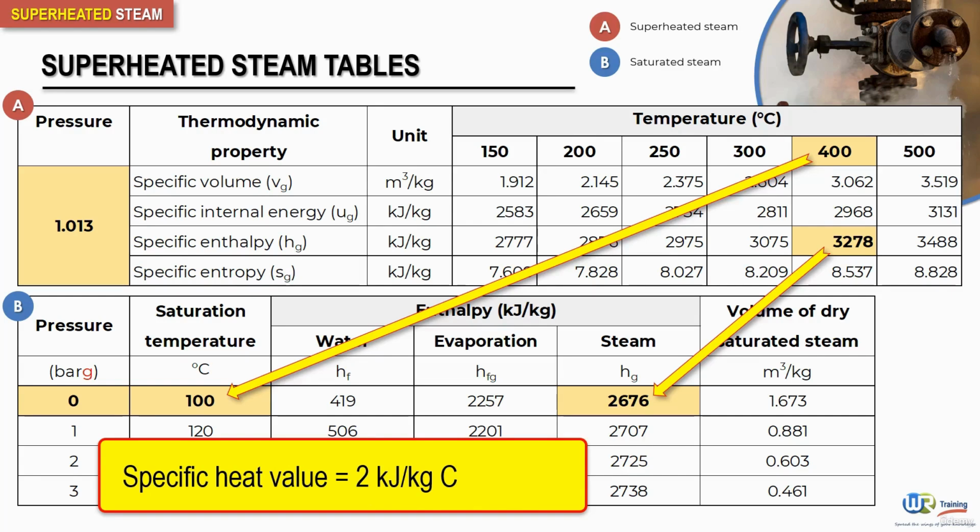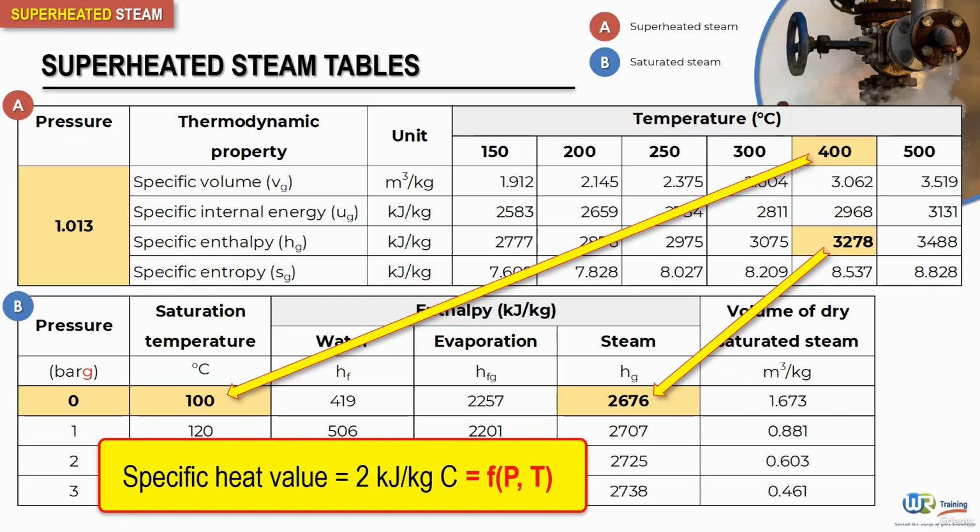However, unlike the specific heat capacity of water, the specific heat capacity for superheated steam varies in a considerable way with pressure and temperature, and cannot be taken as a constant. The value that you can see now on screen, 2 kilojoule per kilogram per degree Celsius, is therefore only the mean specific heat capacity over the specified temperature range for atmospheric pressure.